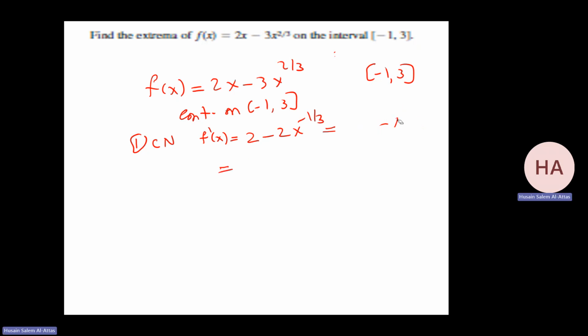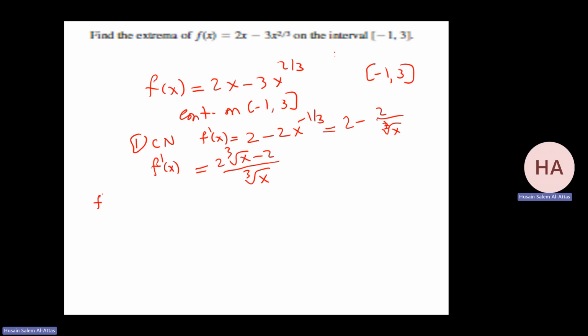Let me simplify it: 2 minus 2 over cubic root of x, which gives me 2 cubic root of x minus 2 over cubic root of x. That will be my f prime.